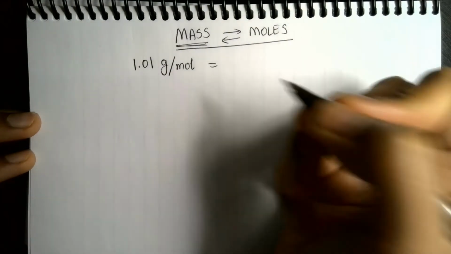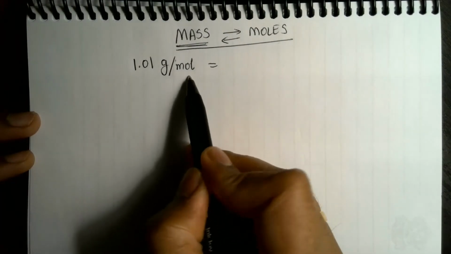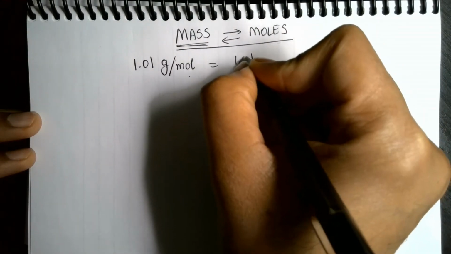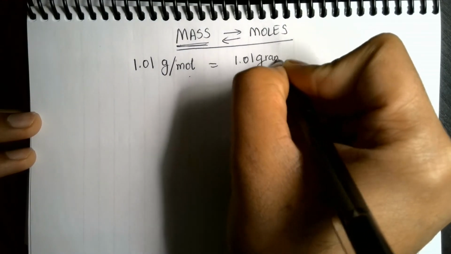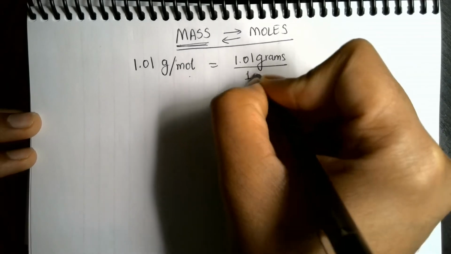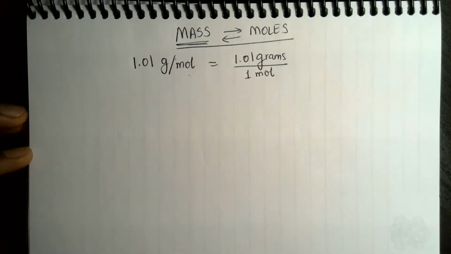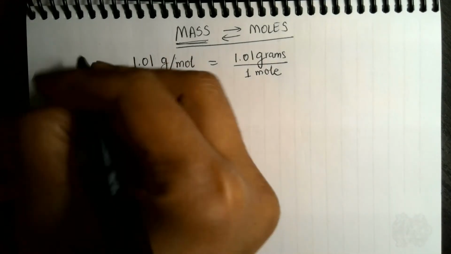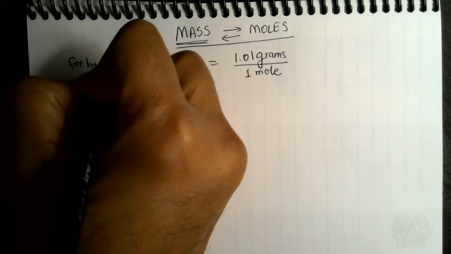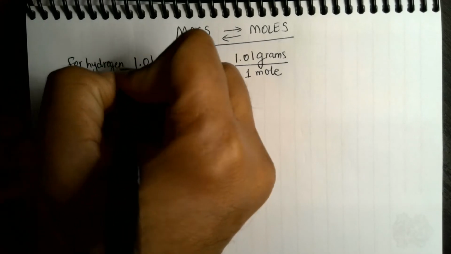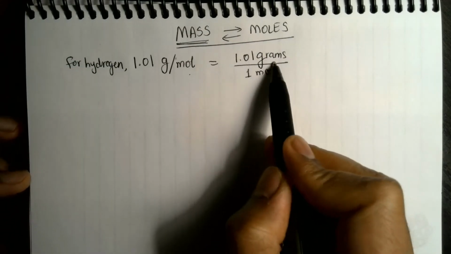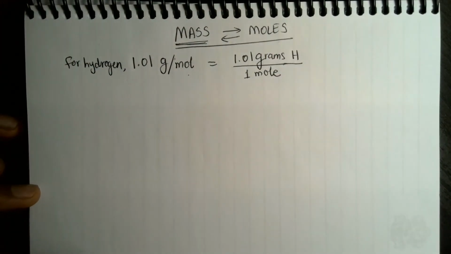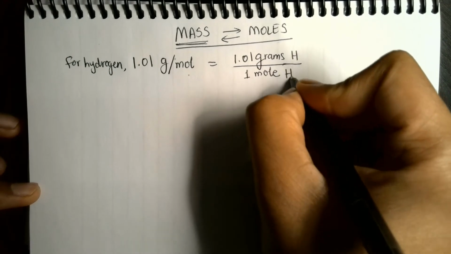Which can be written as a fraction. Anything where you have a per value, you can write as a fraction: 1.01 grams for every 1 mole. This is what that means. For hydrogen, if you have a 1.01 gram sample of hydrogen, then you have exactly 1 mole of hydrogen.